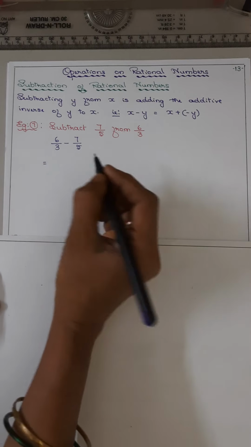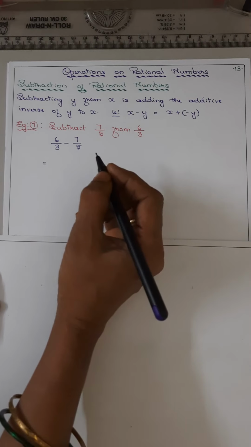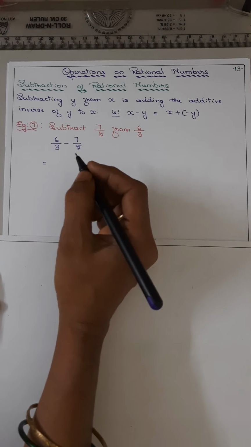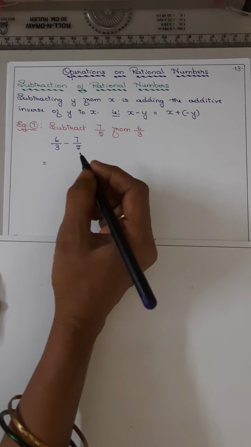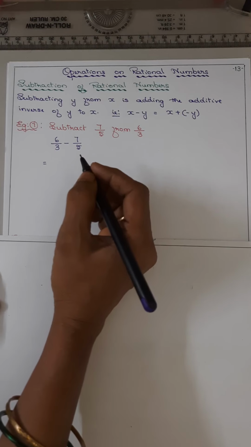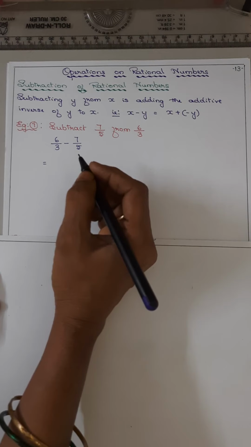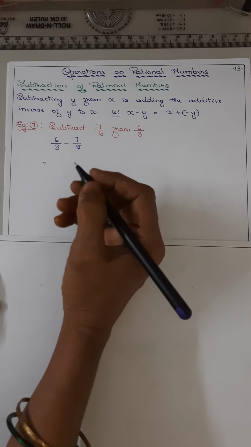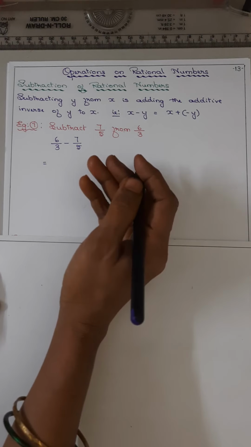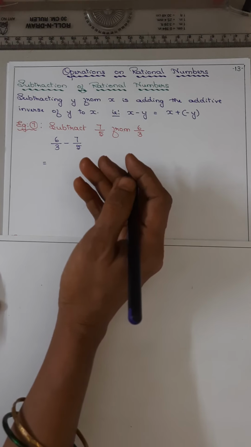Now it is the same method, we have to take the LCM. For addition and subtraction, we have to take the LCM. Now, in worksheet 1, we have taken the LCM and we have multiplied numerator and denominator by some number to make it an equivalent rational number.